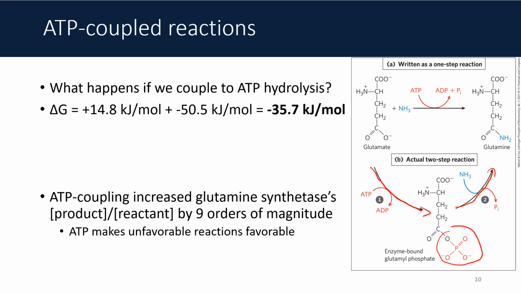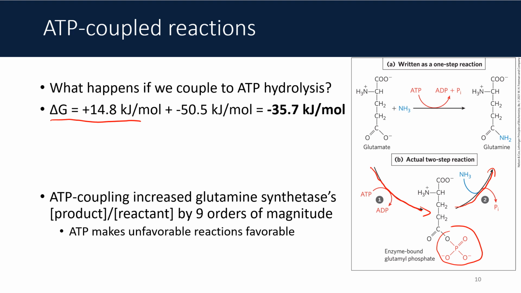Now, there are many estimates for what the delta G of ATP hydrolysis is, but let's assume it's negative 50.5 kilojoules per mole. To find the net delta G of this new pathway, all you need to do is tally that with the original delta G of glutamine synthase, which was about positive 15 kilojoules per mole.